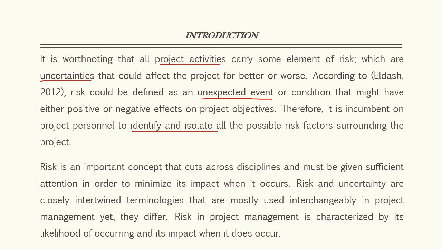So these are some of the things we are scared of. The likelihood or the probability of a risk occurring, and when that risk does occur, what is the impact of that risk to our projects? So these are two important parameters that every project manager must carefully look at.